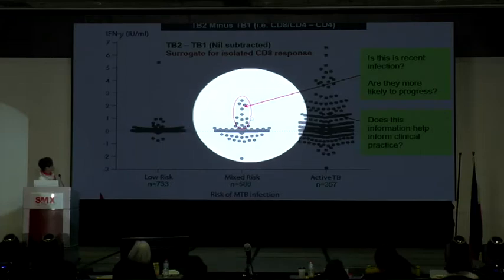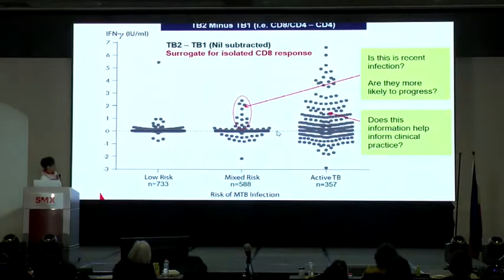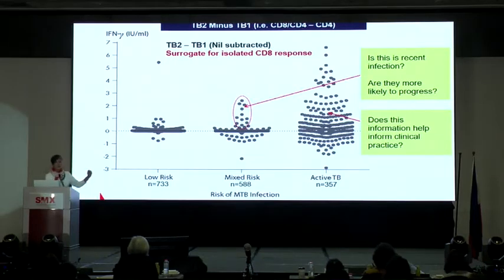And so one has to wonder, are these higher risk individuals recently infected, and are they more likely to progress? And when you look at active TB, you can see that the majority of these individuals, not all, but the majority, have a CD8 response, and the response is much stronger.